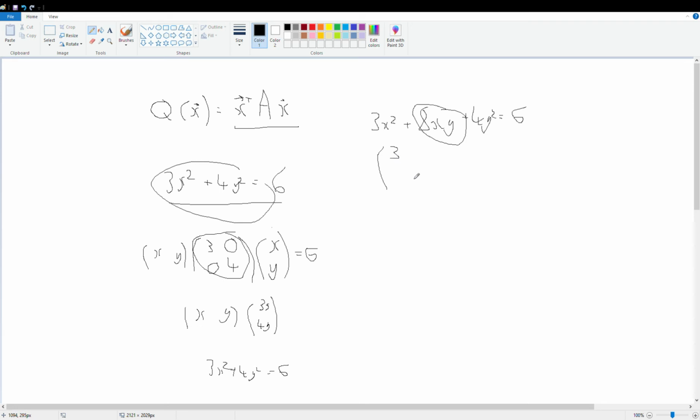We do 3, 4, and then we take this and divide it by 2, and we do 4, 4 as our A, and then obviously we do xy and xy, and it's still equal to whatever's over here. Right now that's 6. And if we just do the matrix multiplication here, we end up with our original product. But notice we've divided it here to retain that symmetry, as we've discussed.